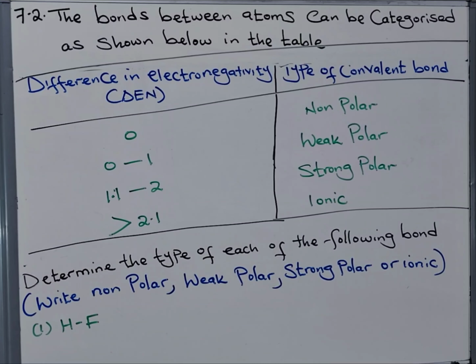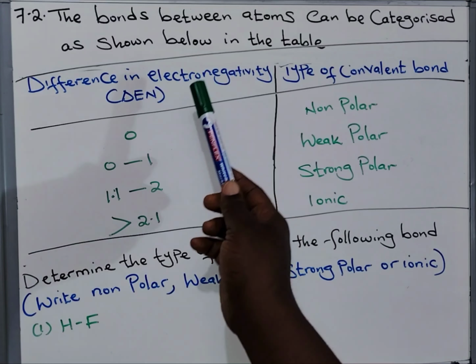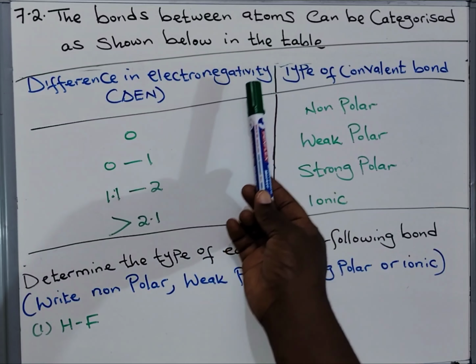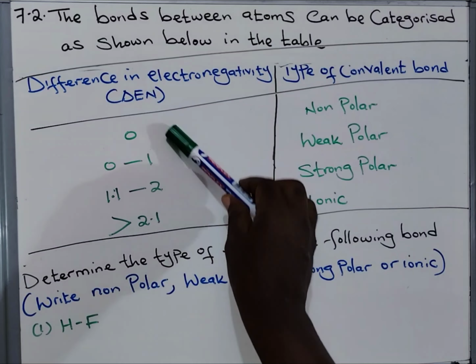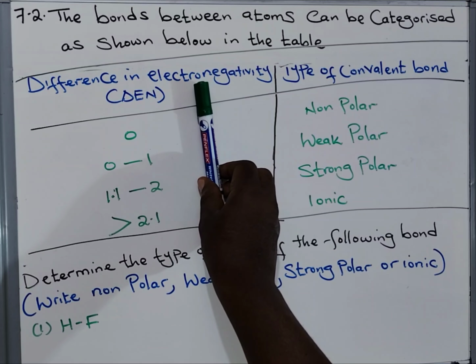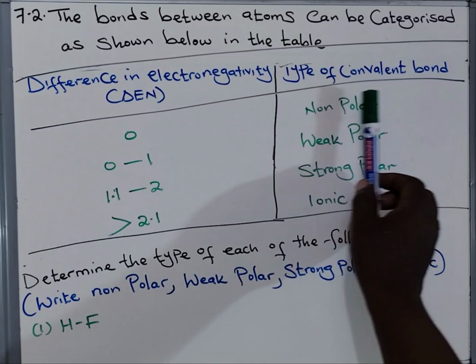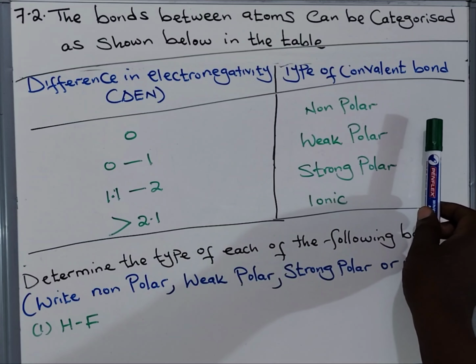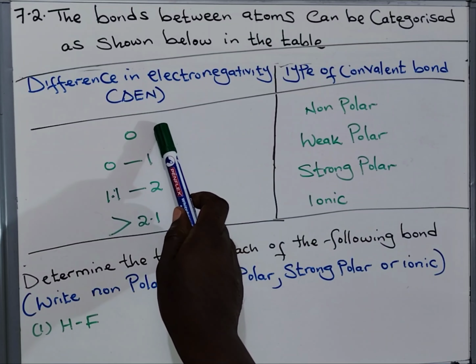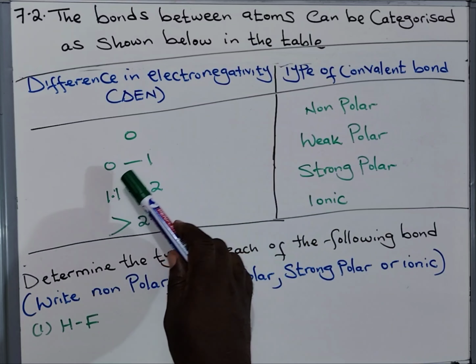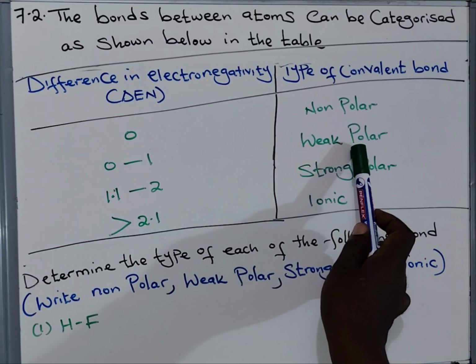Then comes this question. It says that the bonds between atoms can be categorized as shown in the table. What we have here is the difference in electronegativity, and on this side the type of covalent bond. If the difference is 0, the bond is non-polar. 0 to 1 is weak polar.